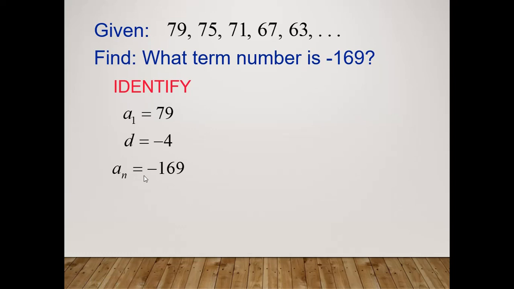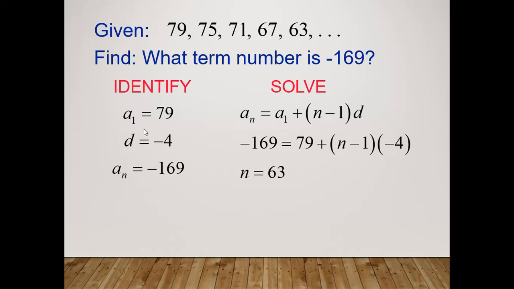So how are we going to solve this one? So babalikan lang natin yung algebra ninyo nung high school. Okay? So, let's substitute this to the formula. Okay, so we have a sub n is equal to a sub 1 plus n minus 1 times d. So, we have -169 is equal to 79 plus the quantity of n minus 1 times -4.